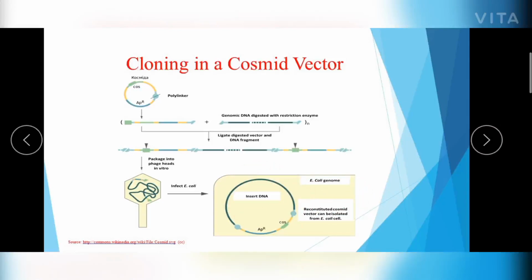Because it is not containing any phage packaging protein, no heads or packaging is seen, and you can select the transformed cells by using antibiotic selective medium, and the antibiotic resistant colonies represent the recombinant cells which are having this Cosmid vector. So in this manner, the Cosmids are used as efficient vectors for cloning large sized DNA fragments.